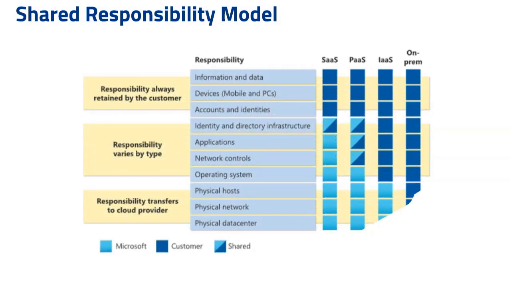You may have heard of the shared responsibility model, but you may not understand what it means or how it impacts cloud computing. This diagram highlights how the shared responsibility model informs who is responsible for what, depending on the cloud service type. Let us start with the traditional corporate data center.